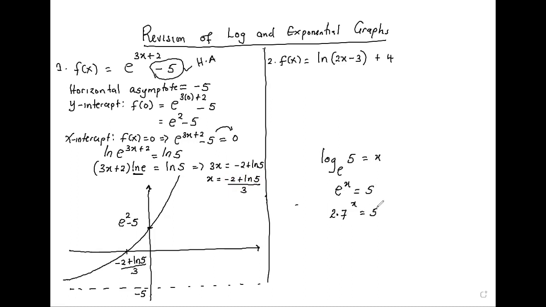You don't expect x to be 2 or more, because if x is 2, 2.7 squared is going to be 7 point something. So x is less than 2. So when you do -2 plus a number that is less than 2, you get a negative value, and then divide by 3.